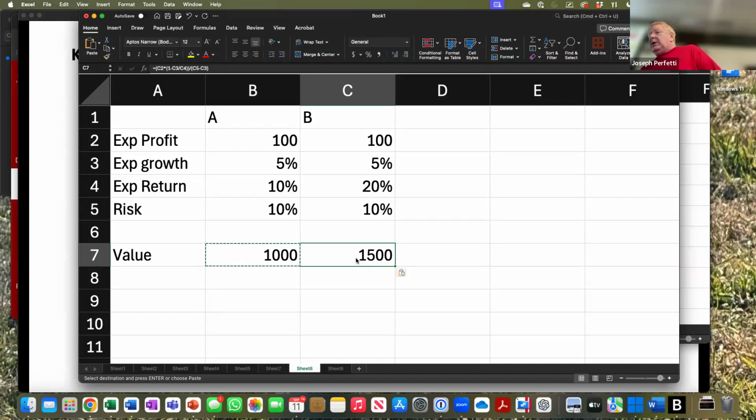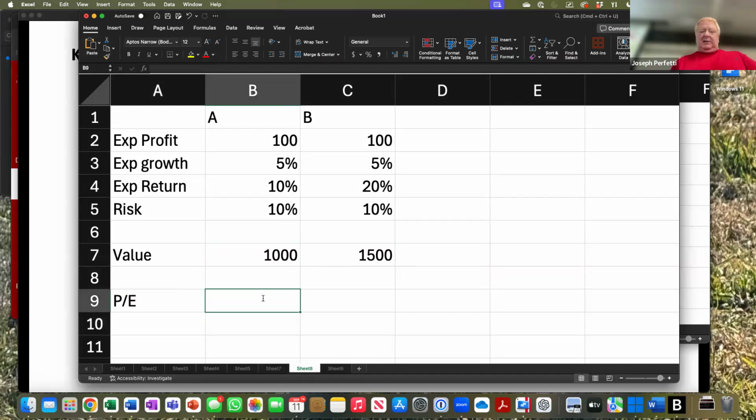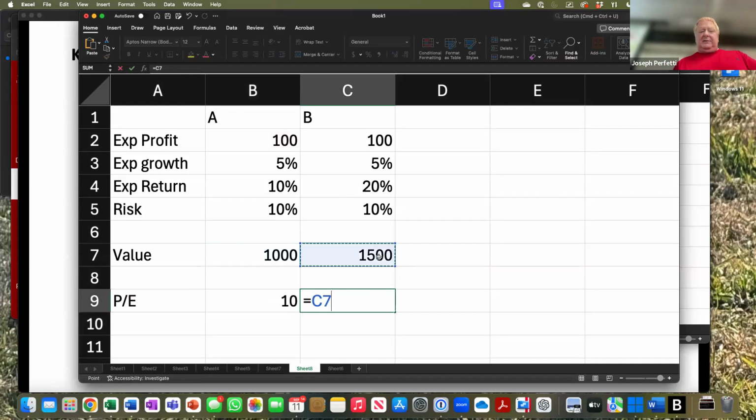Now, a step further, in the real world, there's something called a price to earnings multiple, PE. What is the PE of business A? Well, their price is $1 billion. Their earnings are 100 million. They would trade at a PE of 10. Company B, their price is $1.5 billion. Their earnings are 100 million.